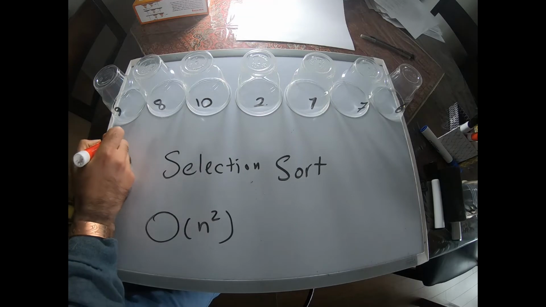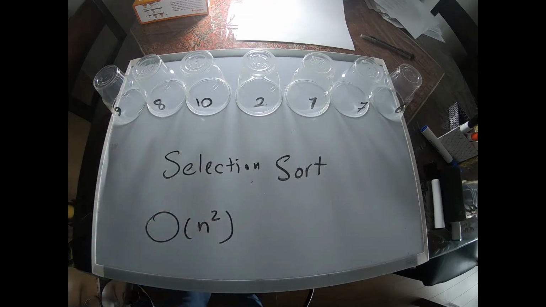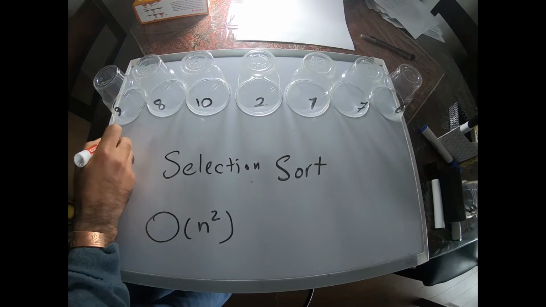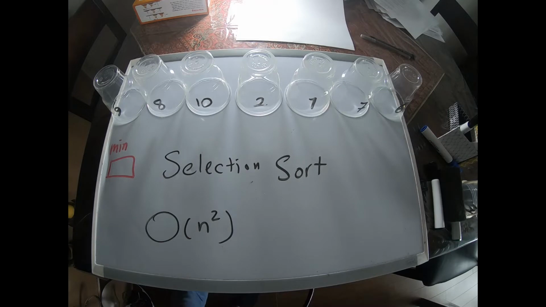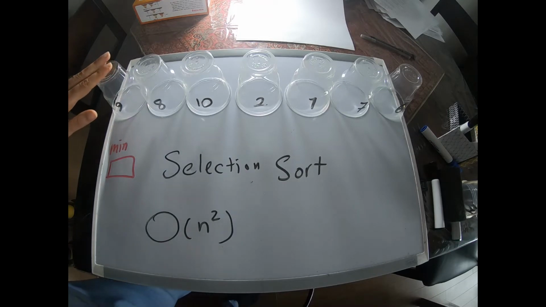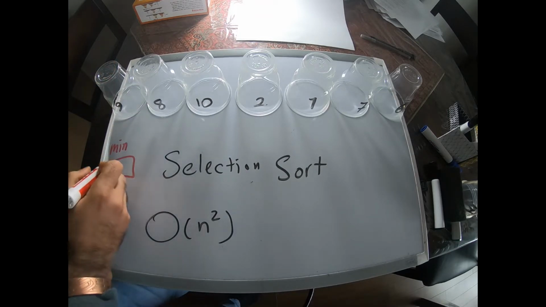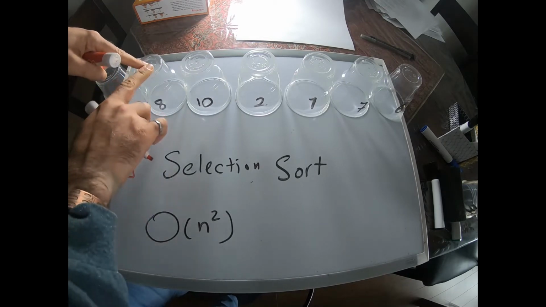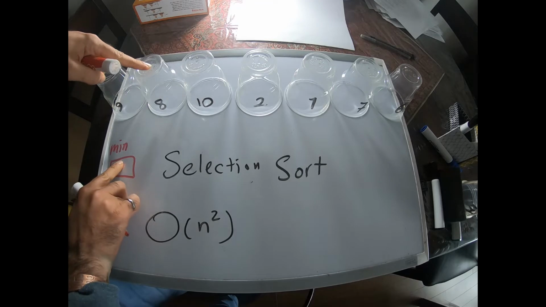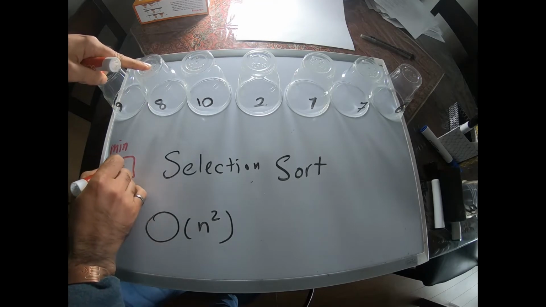So in selection sort, what we do in each round, let me grab another marker. Let's say we have a minimum variable. So I select this number to be the minimum.